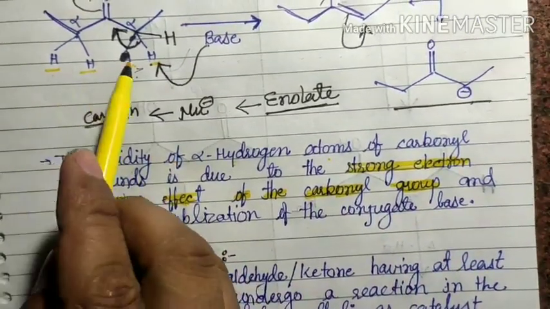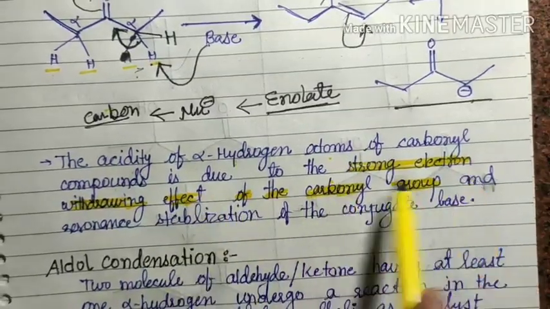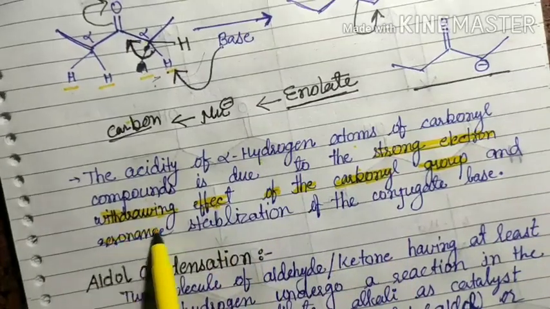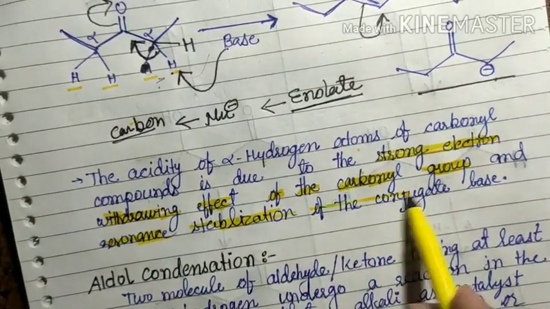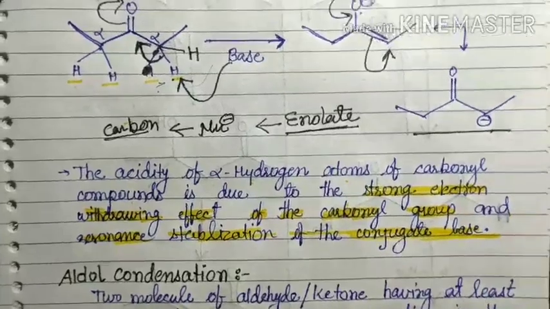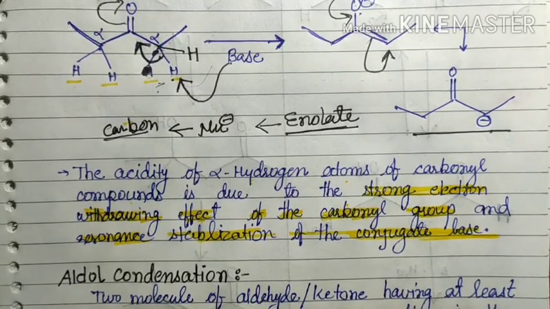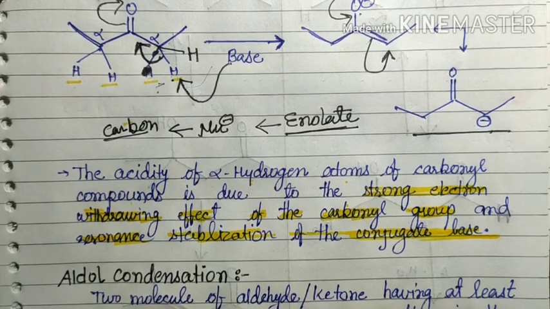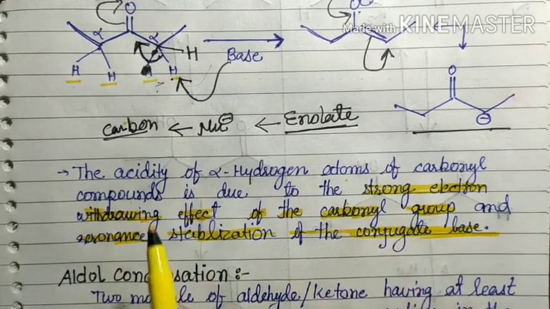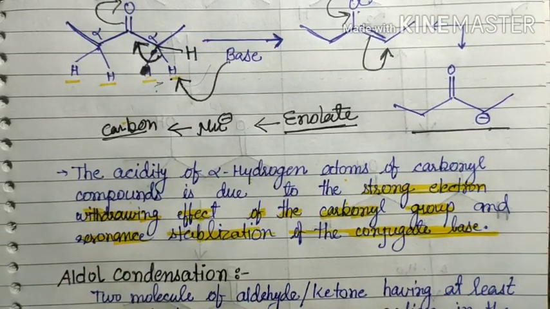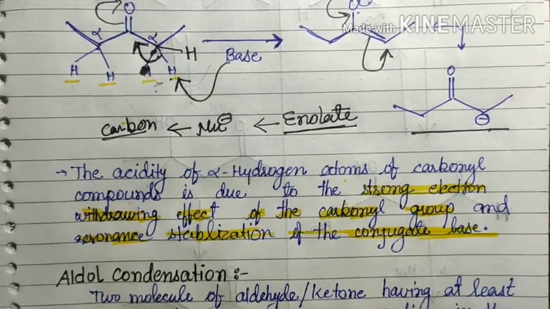And another one is the resonance stabilization of the conjugate base. Clear? So I hope you understand what the reason is. If anyone asks about the reason for the acidity of alpha hydrogen, you are able to explain that the strong electron withdrawing effect of the carbonyl center and the resonance stabilization of the conjugate base are the reasons for the acidity of alpha hydrogen.